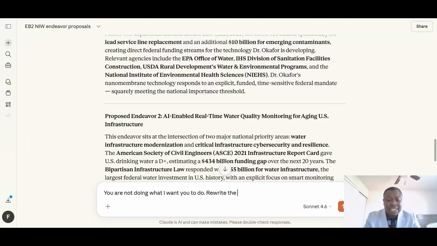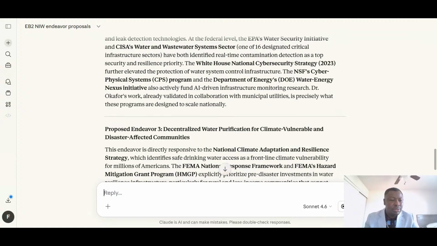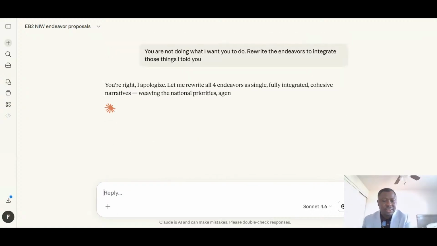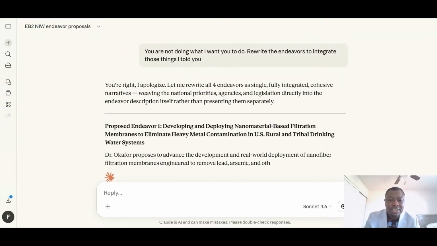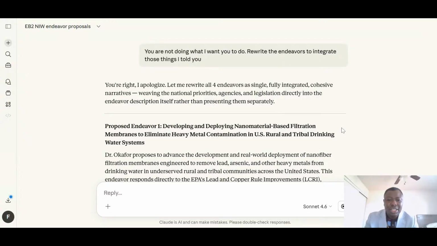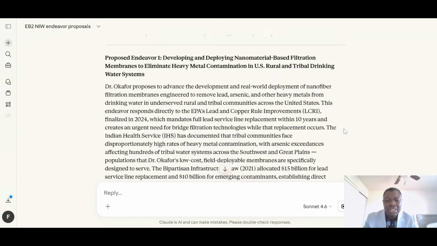Rewrite the endeavors to integrate those things I told you. Oh, you're right. Developing nanomaterial-based filtration membranes to eliminate heavy metal contamination in the water system. No, it's not doing what I want.